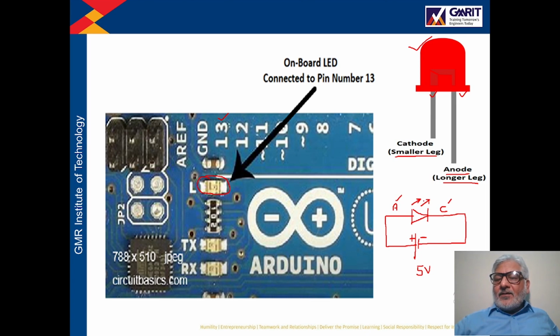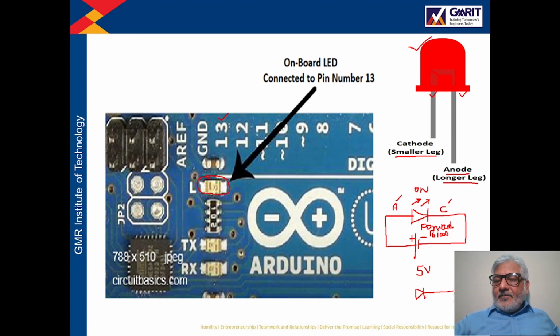So if we make this type of connection, then this LED is forward biased, right? And once the LED is forward biased, this LED is on, right? And once the LED is on, the light emits from the LED, and you can see the light is glowing from the LED.